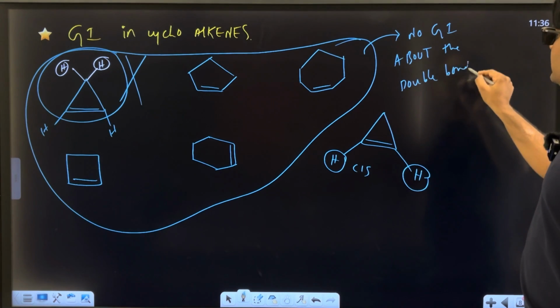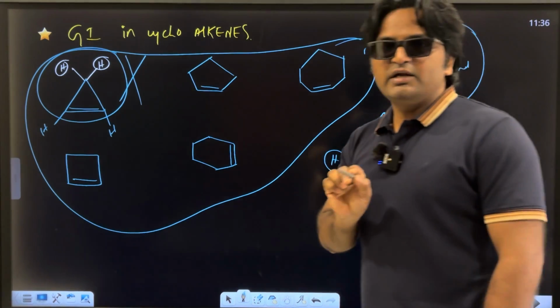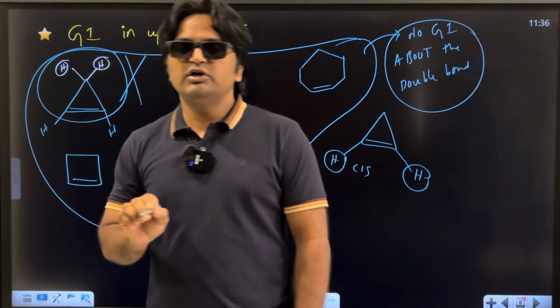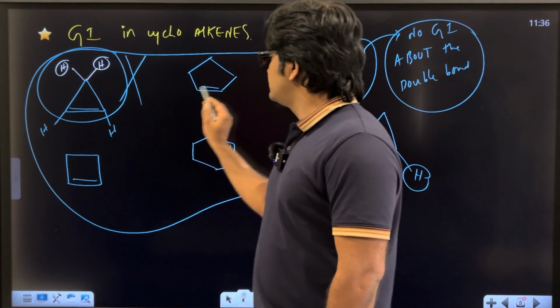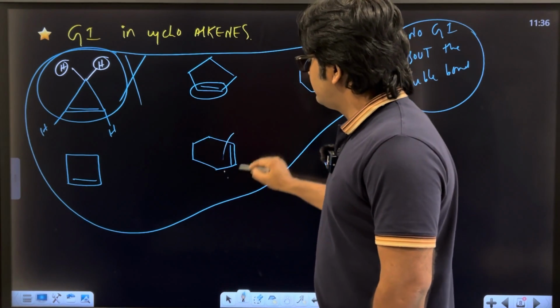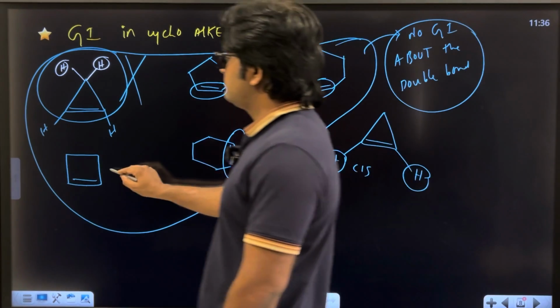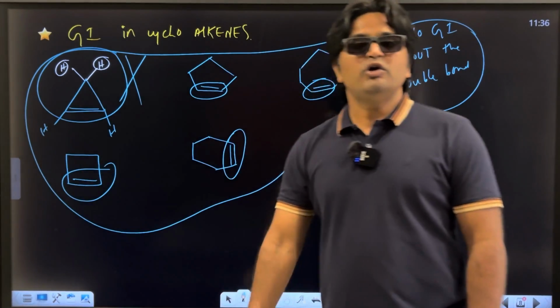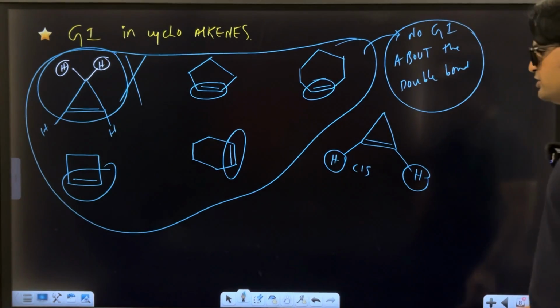Whatever the substitution present on double bonded carbon atoms, I'm not going to talk about sp3, we'll see that later. Whatever substitution you take on double bonded carbon atoms, there is no geometrical isomerism up to cycloheptene.